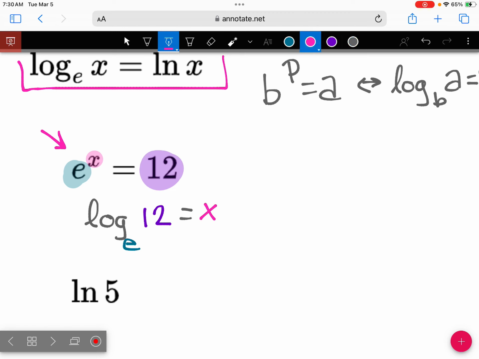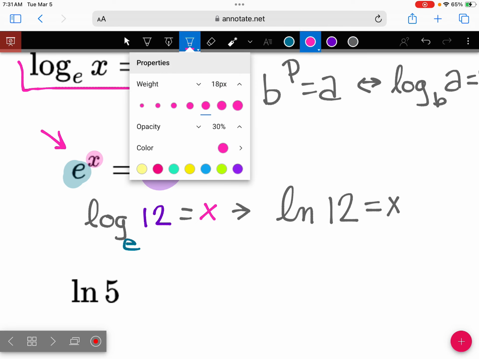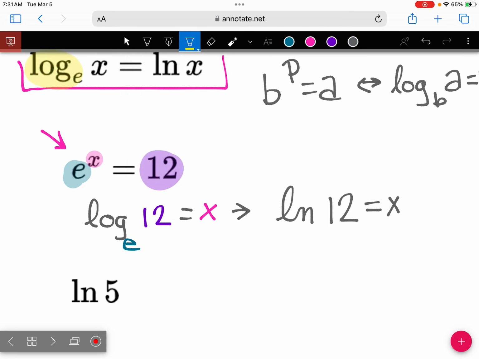Well, we just talked about how log base e is also known as ln of x, or ln. So we could rewrite this as ln of 12 equals x. Because log base e equals ln. So log base e can become ln.